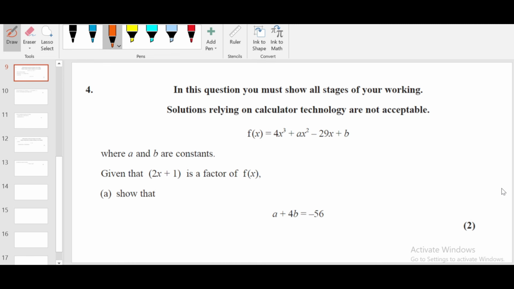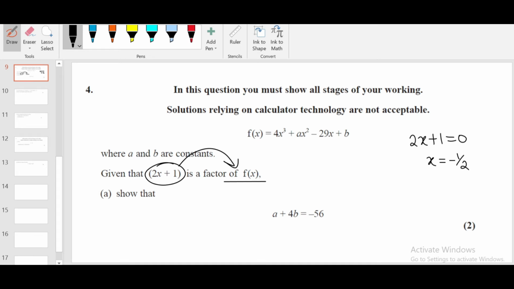Question number 4 is from factor theorem, remainder theorem. The question says 2x plus 1 is a factor of f of x. If 2x plus 1 is a factor, first equate it to 0 and find x. The factor theorem says if you replace x by minus half in the function, you will get 0.